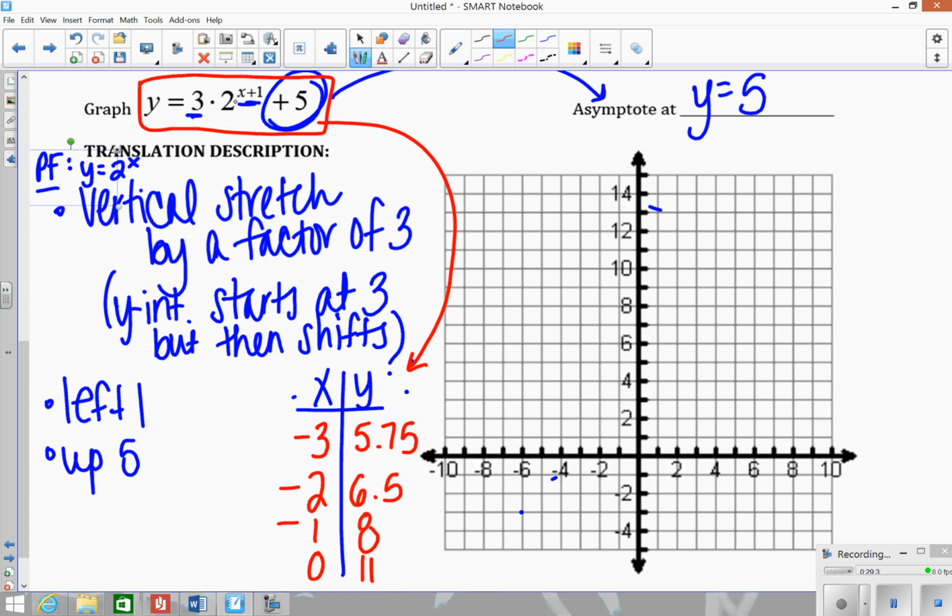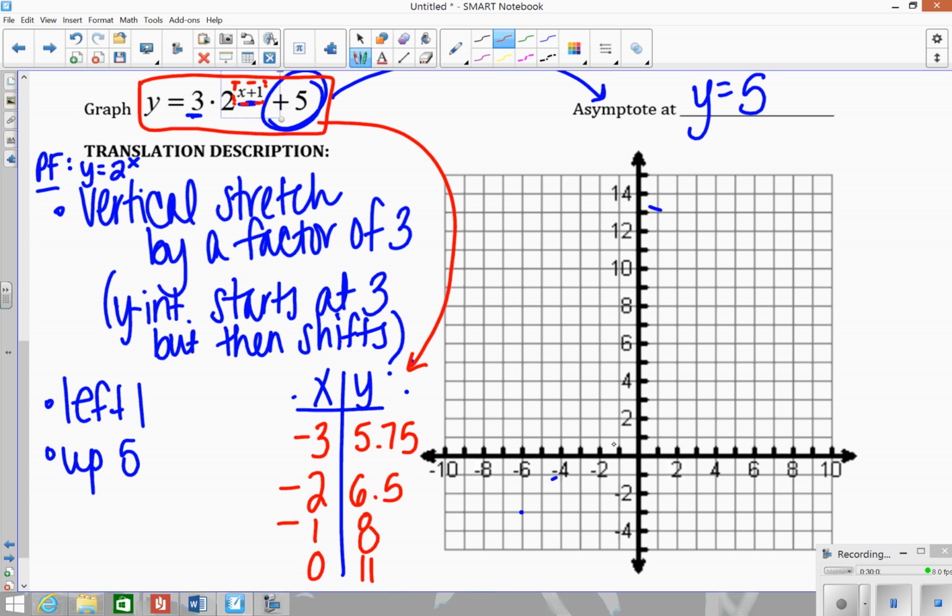Your calculator will put like a little box around that. So make sure that goes in the box, and then you need to arrow out of it. So when you do the plus 5, it knows that plus 5 is not an exponent. It knows that that's at the end. So just make sure that in your calculator, only the x plus 1 is the exponent. If you need to, pause the video, enter that in, make sure you get these numbers, and then we'll go ahead and plot them.